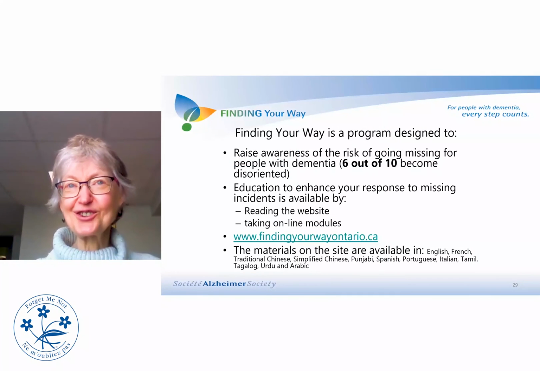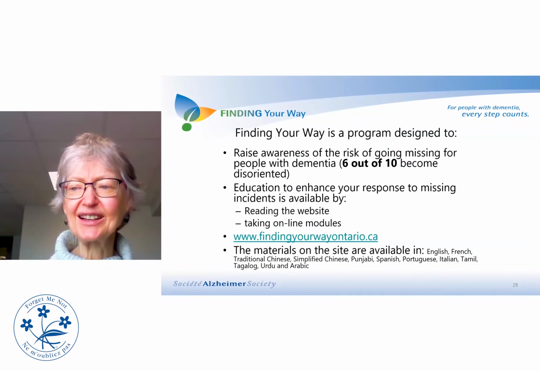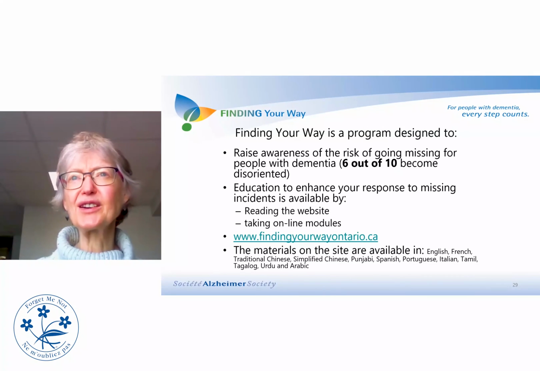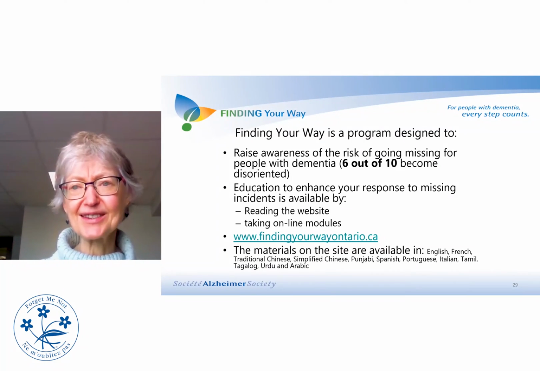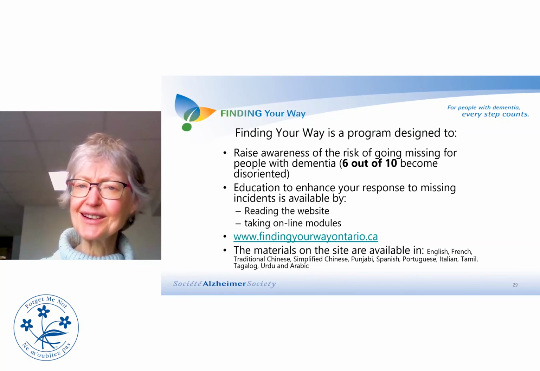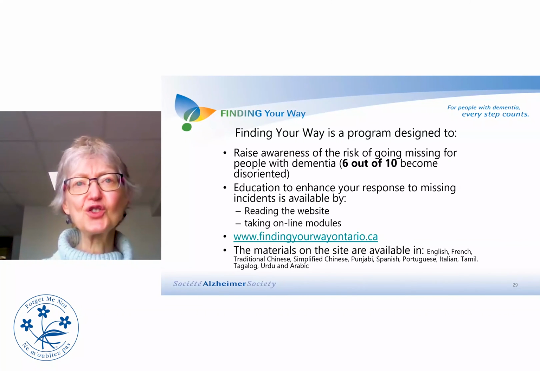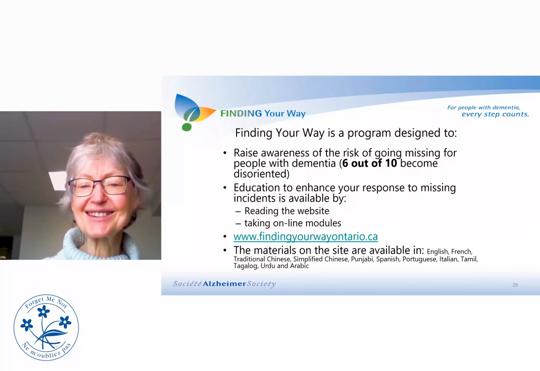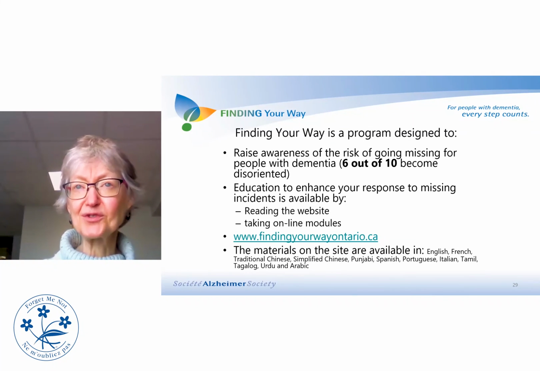Finding your way. I said that I'd talk about this in a little more detail. Finding your way was brought into being because, unfortunately, there is a high risk of somebody living with a form of dementia to go missing, to become disoriented to time and to place. And so the stat there says 6 out of 10 people become disoriented and can easily become lost.